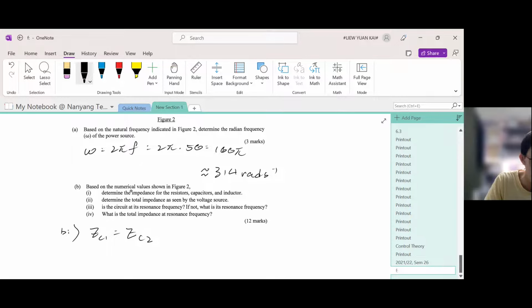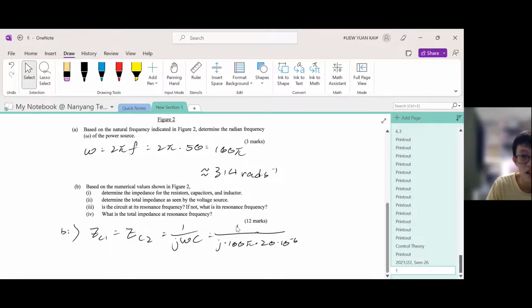ZC1 is equal to ZC2, which equals 1 over J omega C. Please remember this formula. So that's 1 over J times, now what's the omega? The omega is this 100 pi that we calculated, multiplied by 20 microfarads. This is microfarads, right?